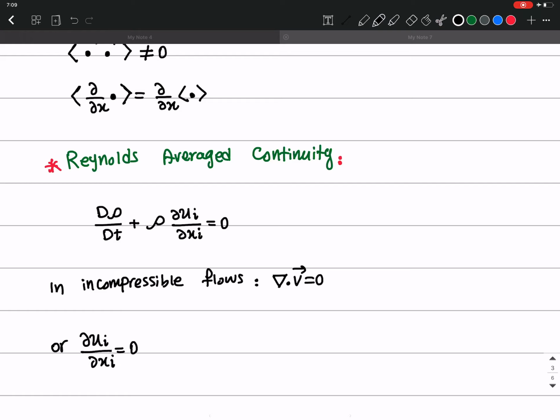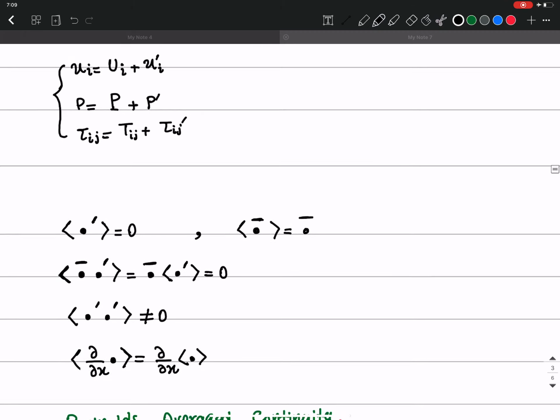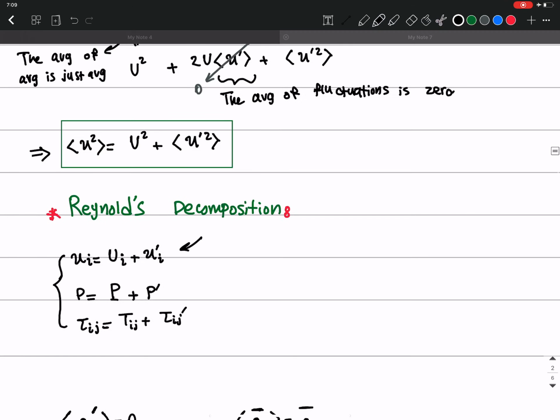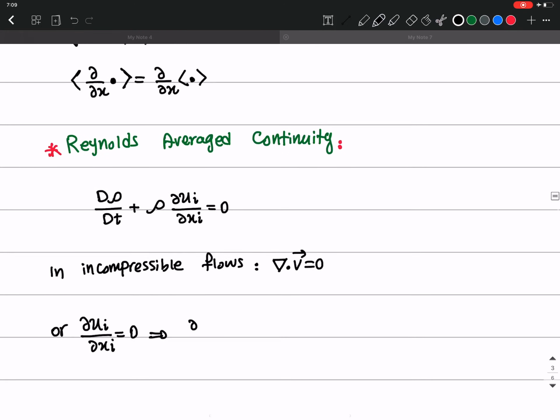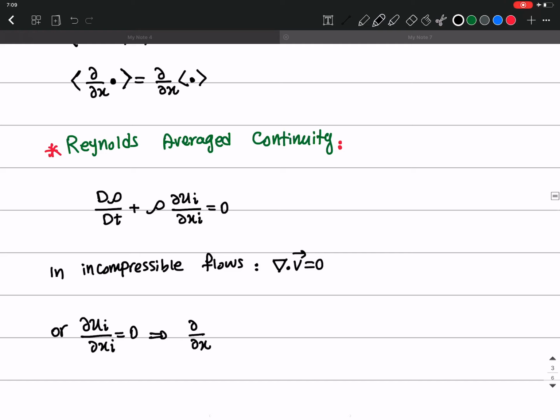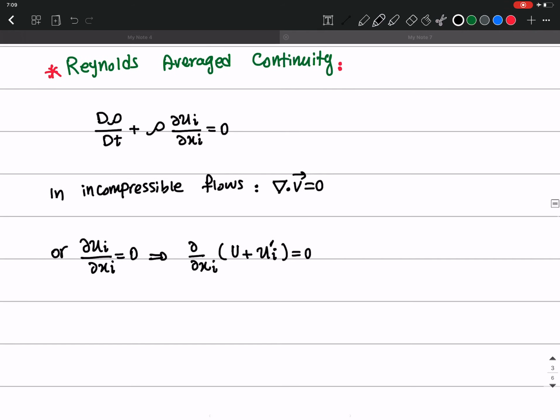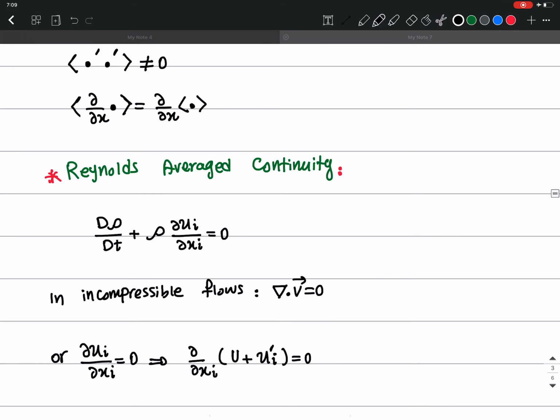So let's apply Reynolds averaging to incompressible flows. For the velocity signal, I can write it as capital U plus u prime. So partial over partial xi of capital U plus u prime i equals 0.